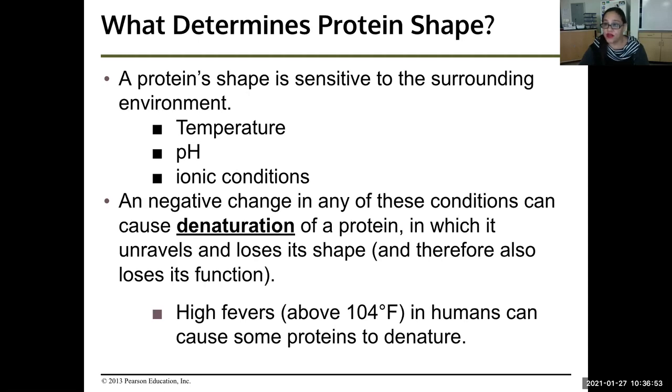High fevers above 104 degrees in humans can cause some proteins to denature and lose their shape and their function. So part of the reason our bodies maintain a steady temperature throughout our lives is so our proteins function properly, so they can perform all their little tasks in our bodies.